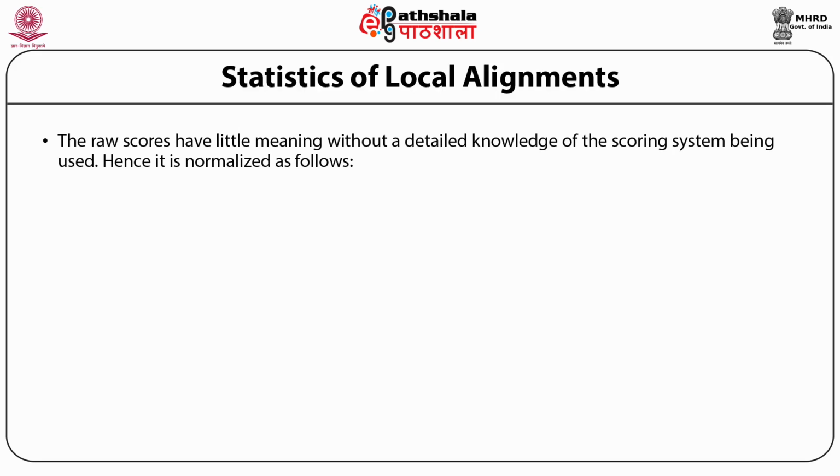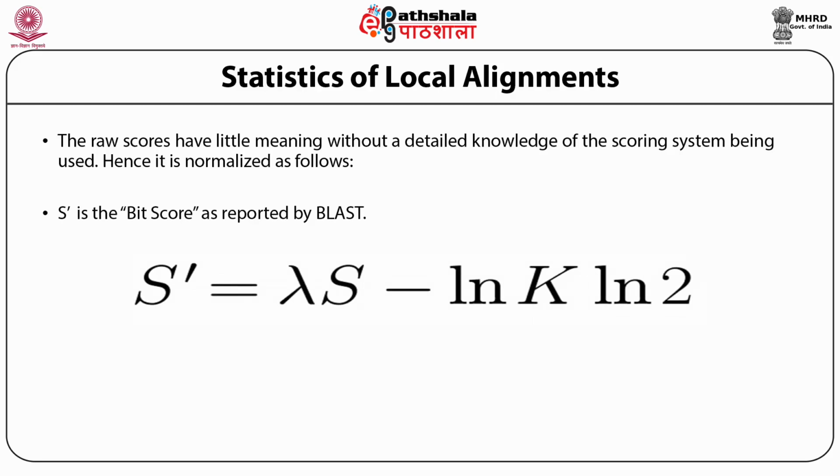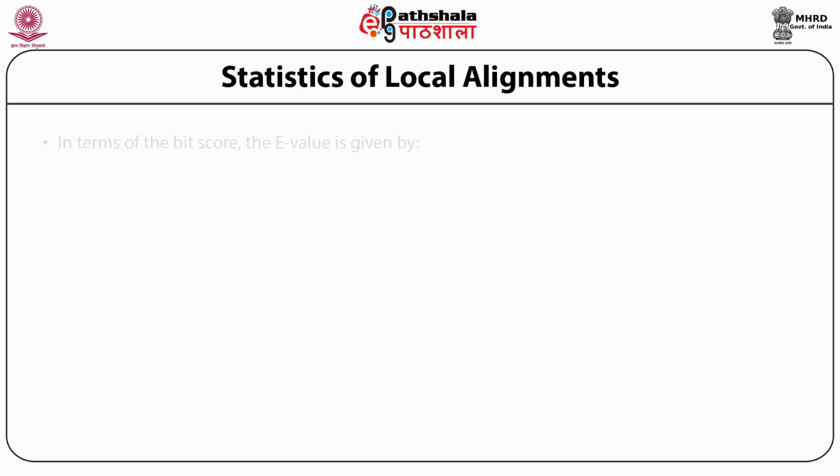So to make the scores independent of the scoring system, the raw scores are normalized and we get a bit score, or S prime, which is given by S prime is equal to lambda S minus natural logarithm of K, divided by the natural logarithm of 2. In terms of the bit score, the E value is given by M times N times 2 to the power minus S prime, where again M and N are the lengths of the sequences.